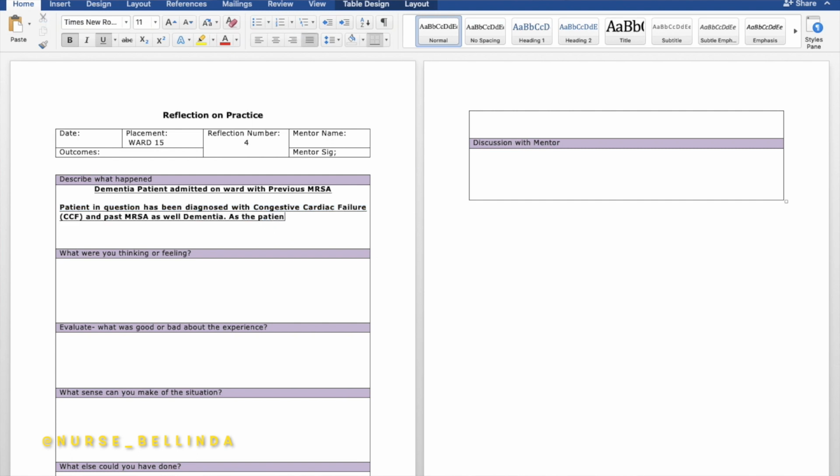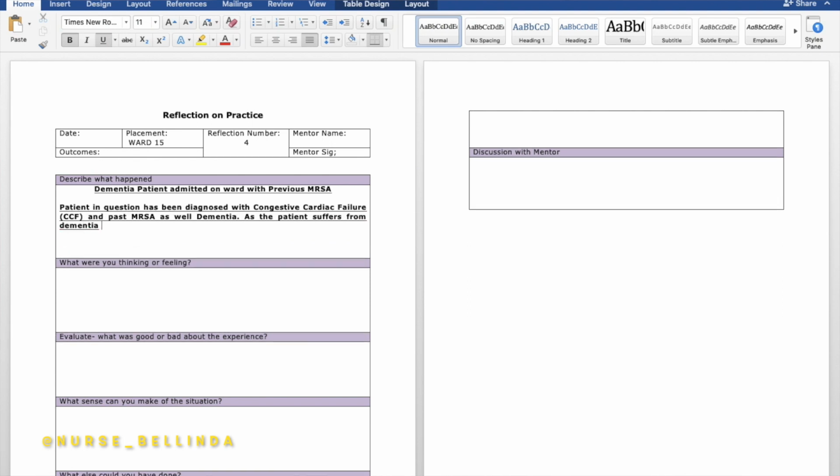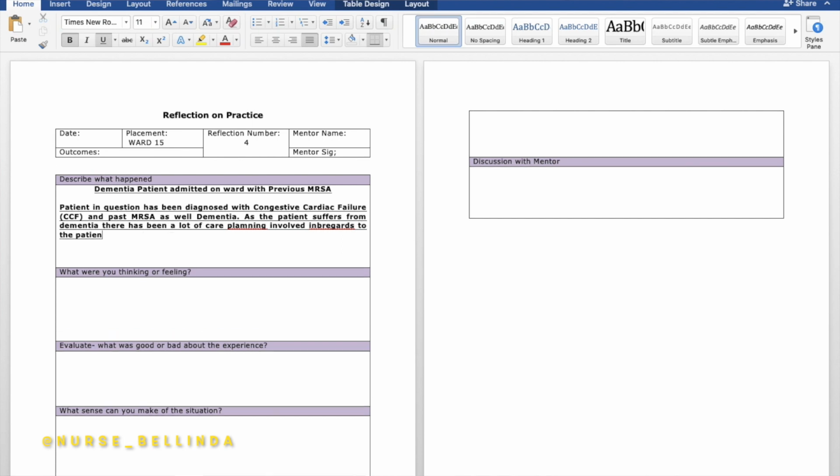And as the patient suffers from dementia, there has been a lot of care planning involved in regards to the patient's care. So basically, first things first, patient in question has been diagnosed with CCF, congestive cardiac failure, excuse me, previous MRSA as well as dementia.